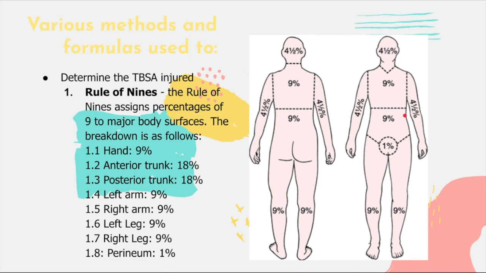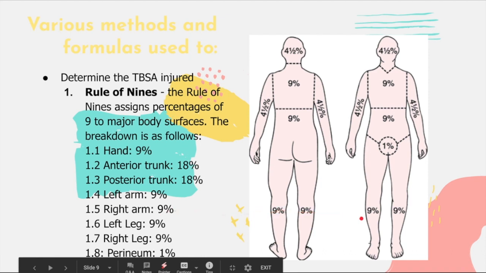The left arm will be 9% and the right arm will be 9%. The front of the arm will be 4.5%, and the back of the arm will also be 4.5%, totaling 9% for each arm respectively. Next will then be the left leg as 9%, the right leg as 9%, and lastly the perineum as 1%.